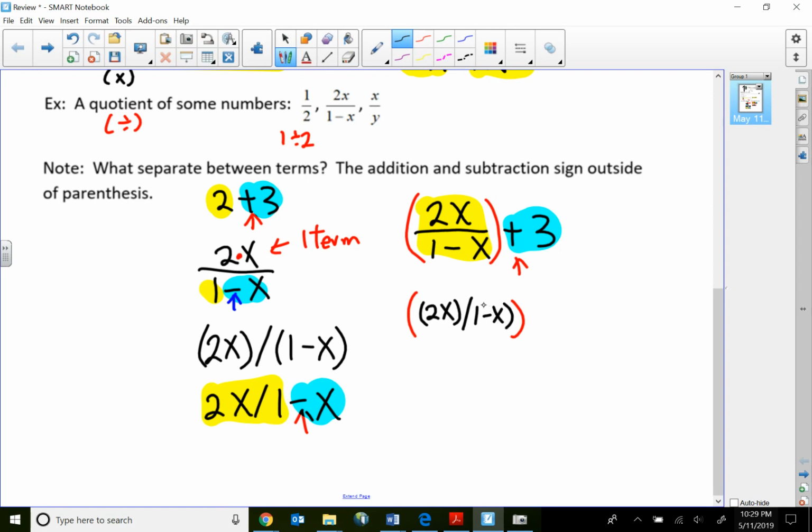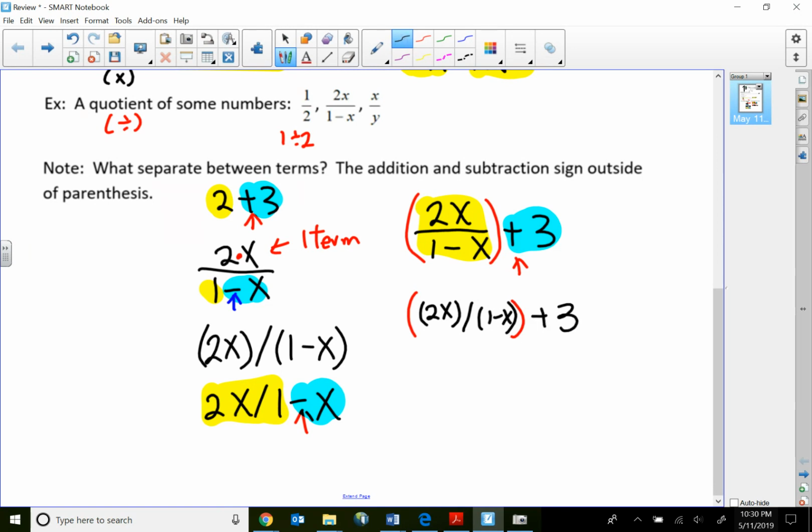If I do not close my parenthesis for 2x, then my 2x will divide by 1 first. So let me write it a little better. Close the parenthesis for 2x, then press the division button, then open another parenthesis for the 1 minus x, then close it, and close it again for my first term before I key in plus 3.